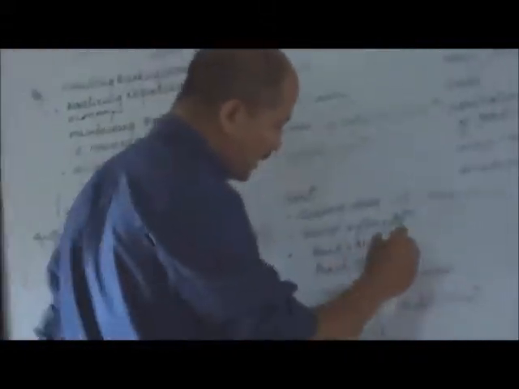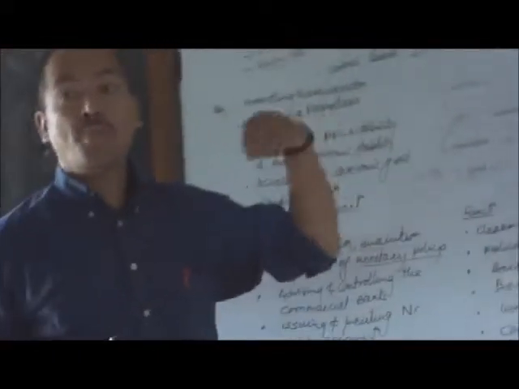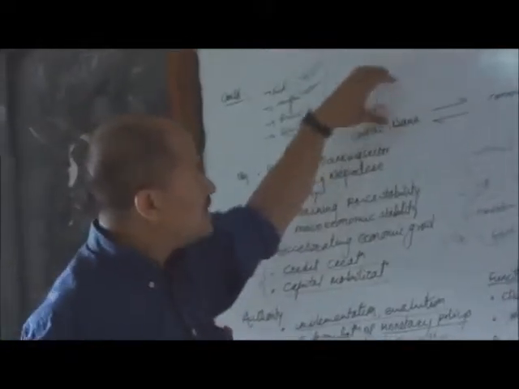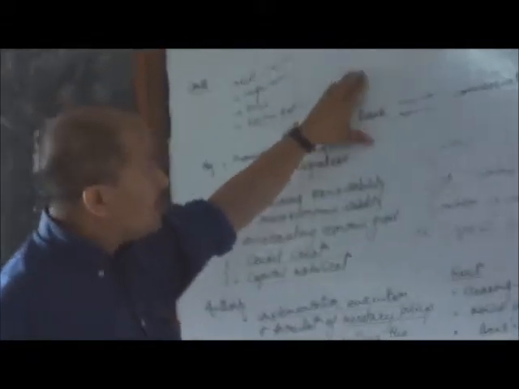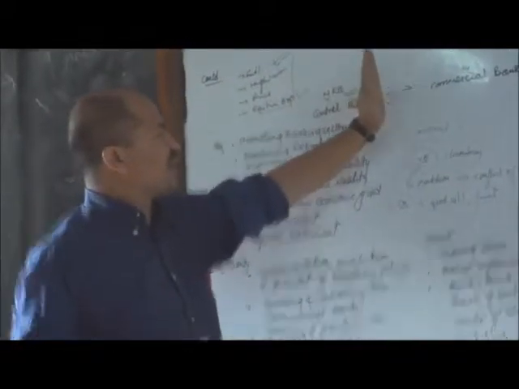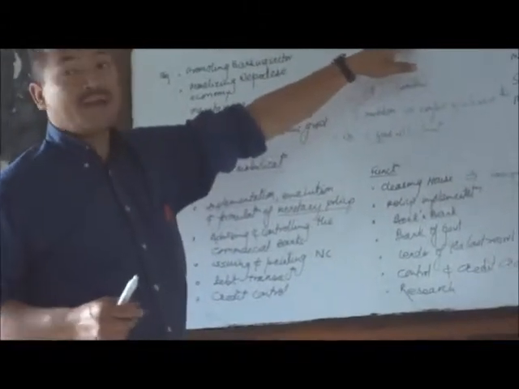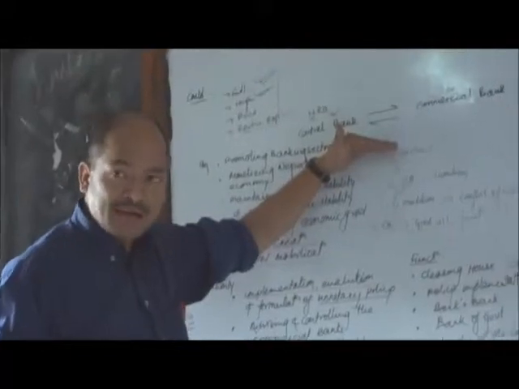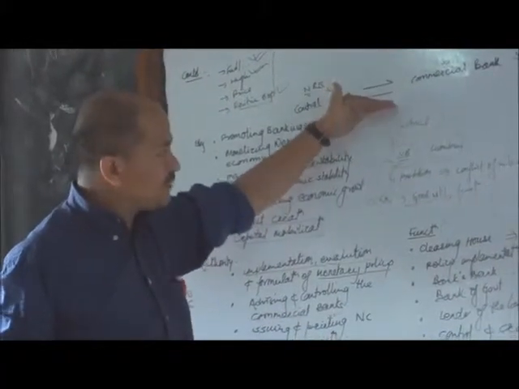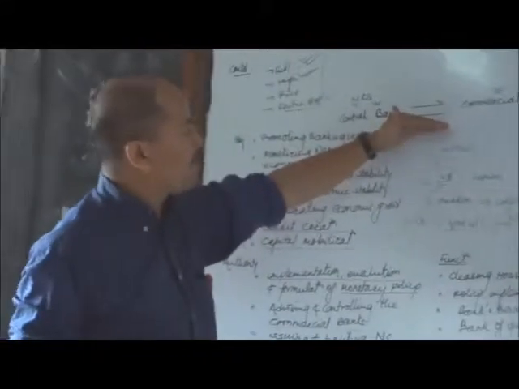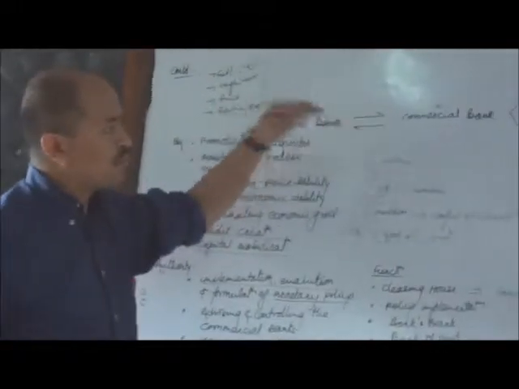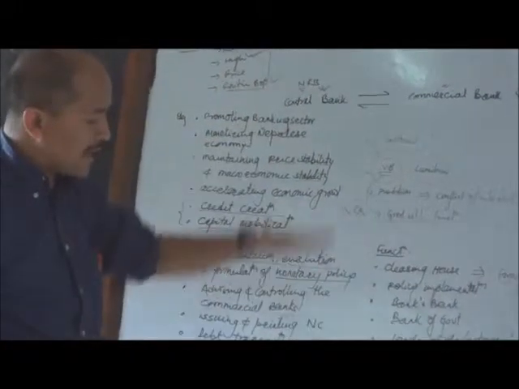Banker of the banks: if you observe here, all the commercial banks open accounts in the central bank, and whatever the central bank instructs, commercial banks follow. Commercial banks keep certain reserve ratios, the cash reserve ratio, and also follow the instructions about bank rates and other things.